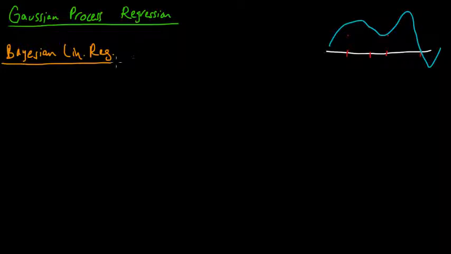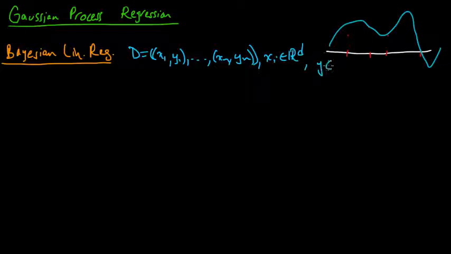Okay, so in Bayesian linear regression, the setup is we have some data, x_1, y_1, up to x_n, y_n, and x_i is in R^d, and y_i is in R. And the model for Bayesian linear regression is that we model these y's using random variables, Y_1 up to Y_n, and these are independent given some parameter vector w.